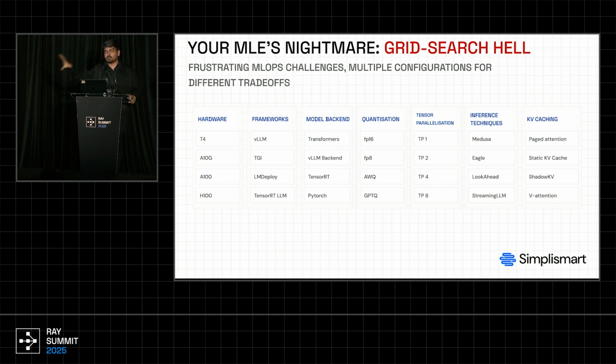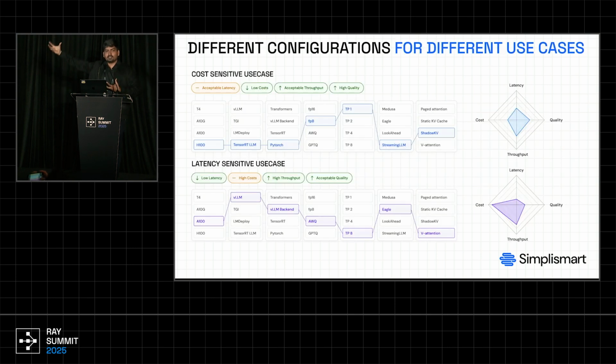What quantization to choose, what GPU, what tensor parallelism, what inference techniques, things like that, right? And once you choose that, you may get different radar charts for these different KPIs. Say, for a cost-sensitive use case, you may want to go for an H100 with a TP1 configuration, but maybe for a latency-sensitive use case, you have A100 rigs, full 8 cross, and you can just do a tensor parallel of 8, right? So depending on what you want to solve, you may need to pick and choose different sorts of environments, different configurations, different inference techniques, different optimization techniques.